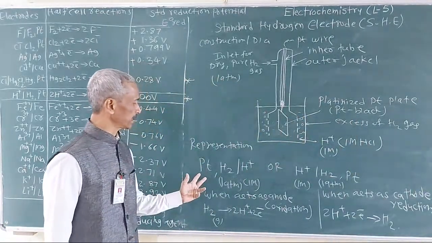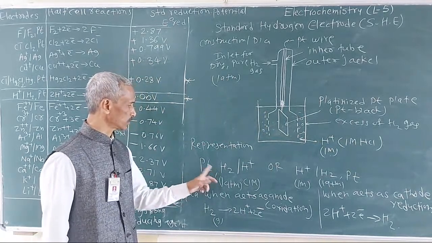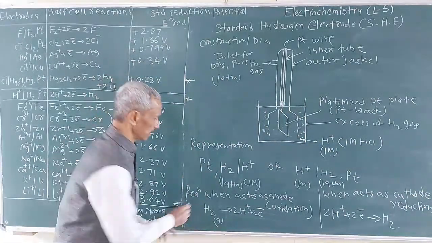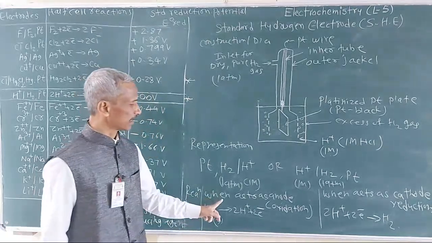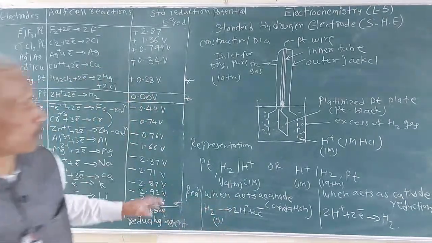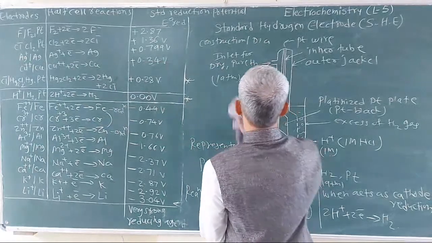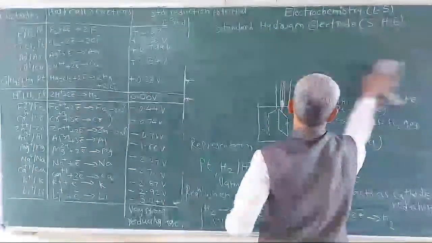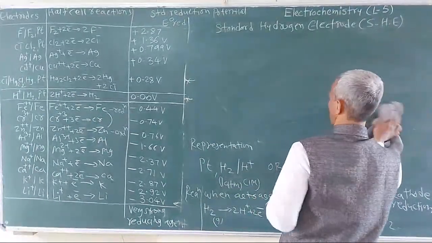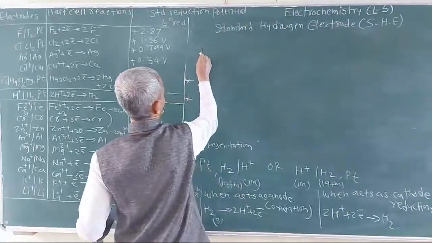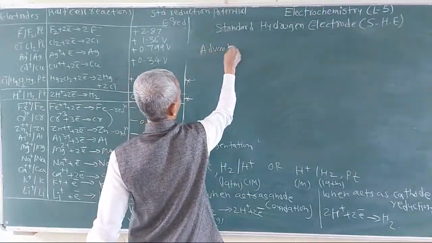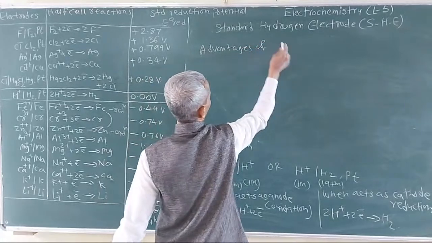So this is the representation of the hydrogen gas electrode, and these are the reactions if it acts as an anode or a cathode. Now consider the advantages of the electrode.